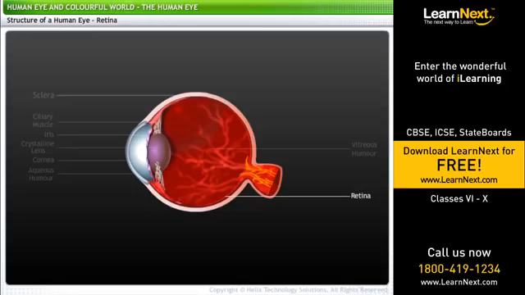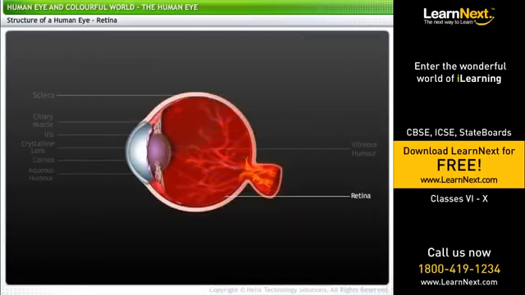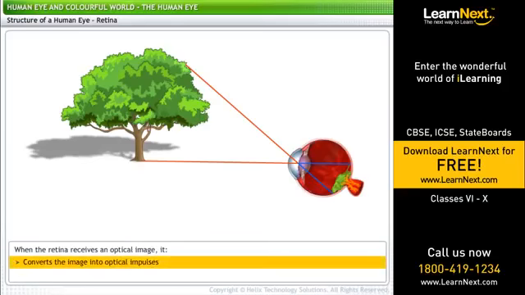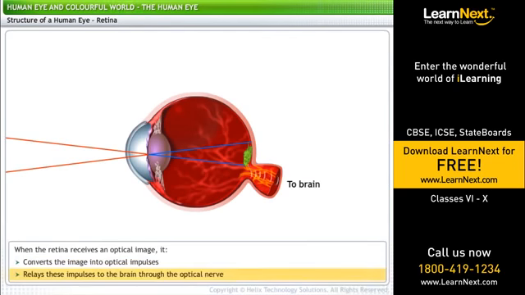The retina contains two main types of light-sensitive cells, called rods and cones. Through optical nerves, the retina connects the eye to the brain. When retina receives an optical image, it converts the image into optical impulses and relays these impulses to the brain through the optical nerve.